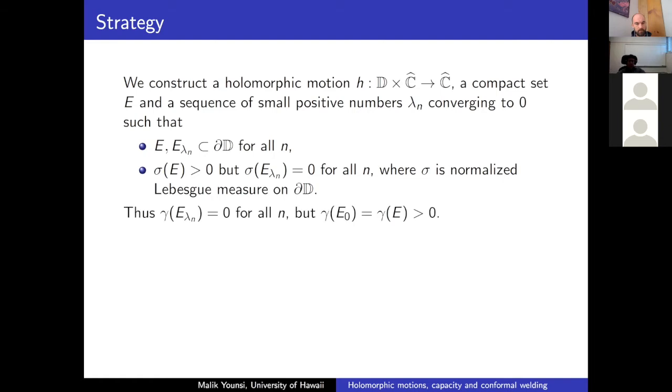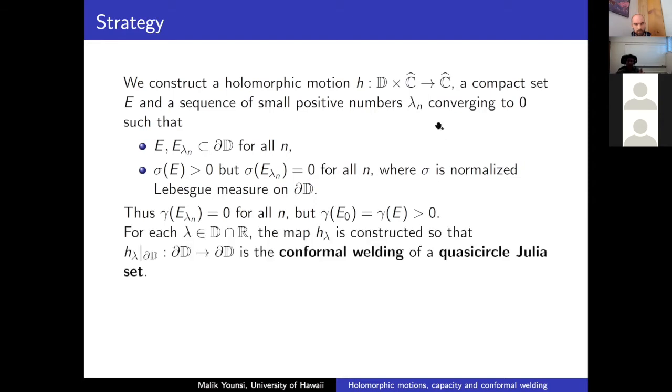And then because we have sets that live on the unit circle, this implies that the analytic capacity of these sets E lambda n is going to be 0 for all n, but the analytic capacity of the original set will be positive. And then the function cannot be continuous, obviously, because you have a sequence of points at which the function is 0 that converge to a point where the function is positive. So that's the strategy. And now how do we construct these maps h lambda?